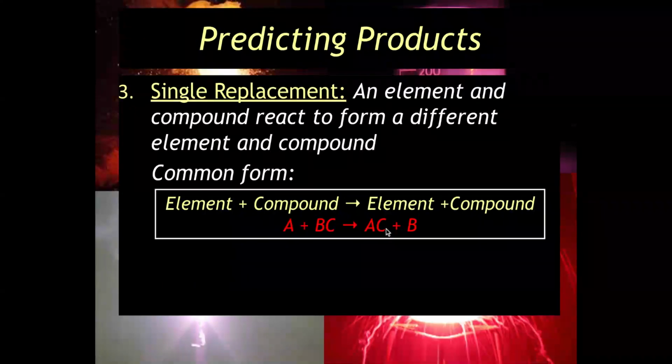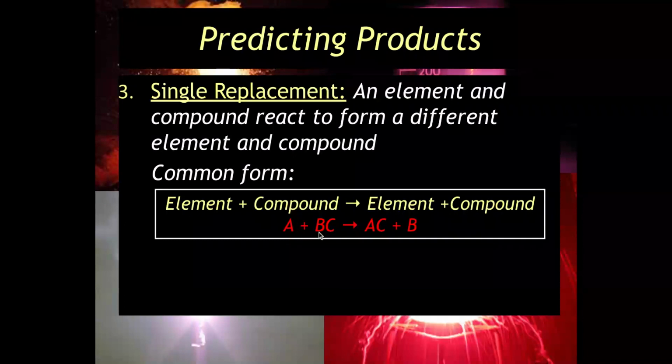Yields a new element. So that would be like B. And a new compound, AC. Now, if you just look at that, you'll notice that in this case, the A and the B just swapped places. So the A was by itself, the B was with C, and after this reaction, the A and the B just switched places.